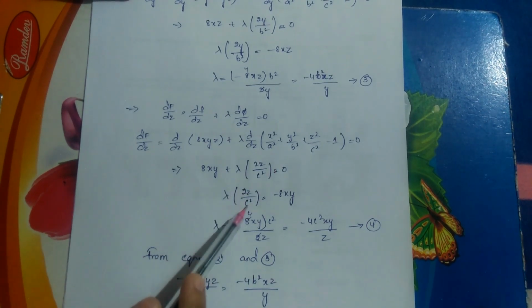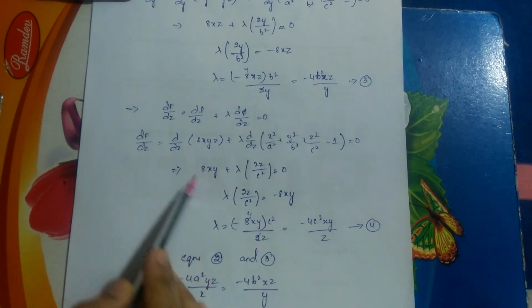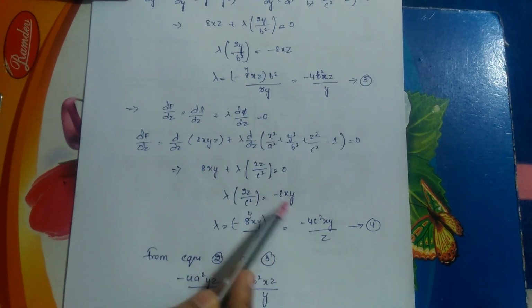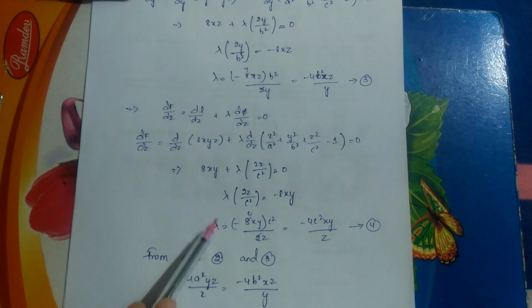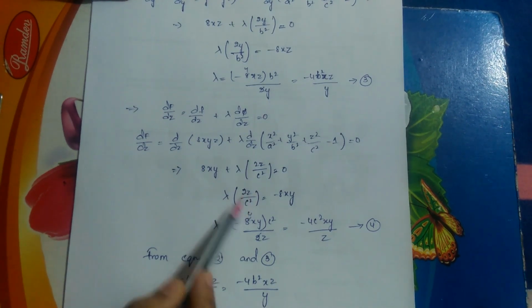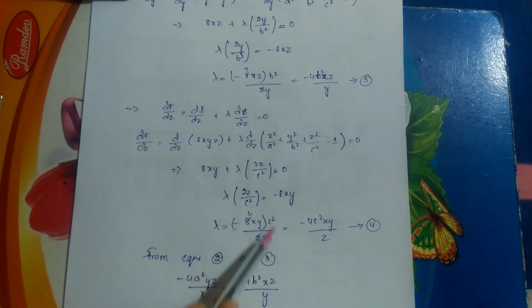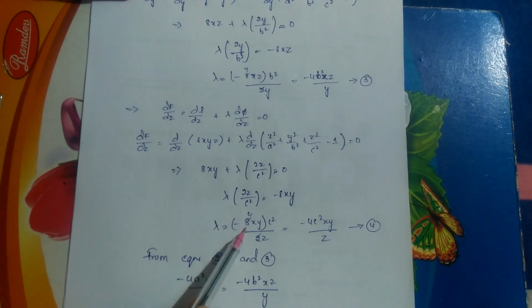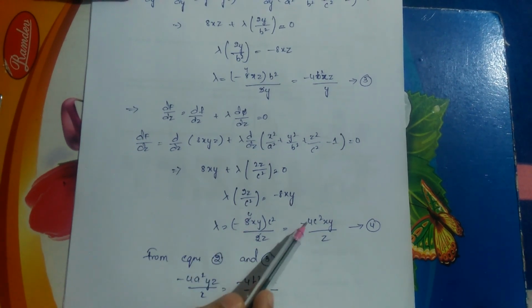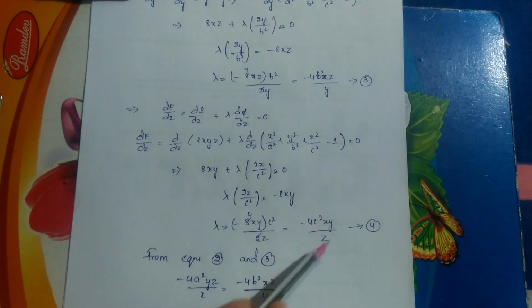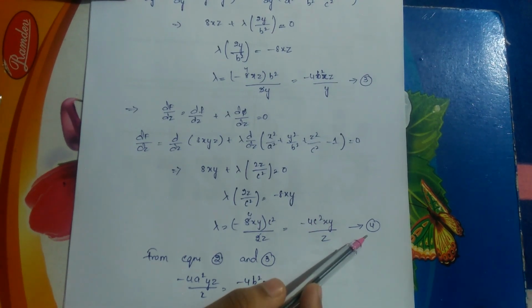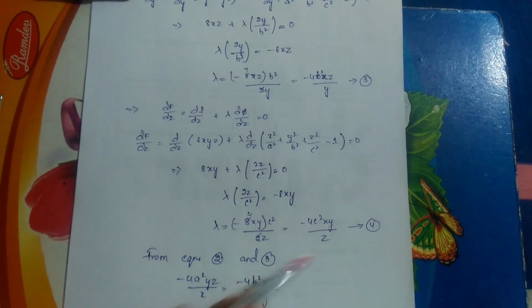Then λ·2z/c² = −8xy, and λ = −8xy · c²/2z. 2 fours are 8, and finally the λ value comes as −4c²xy/z. Let it be equation number 4.